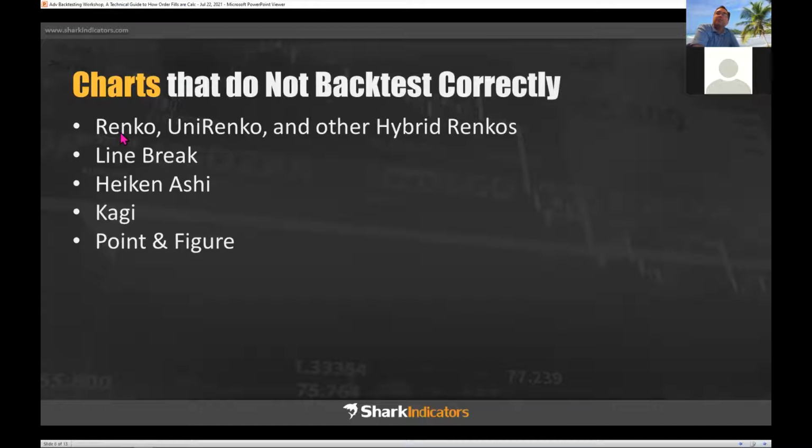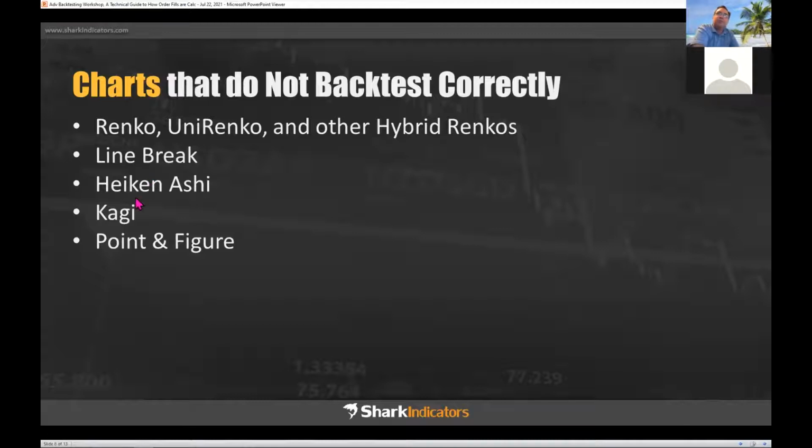Renko charts, Unirenko, or any other kind of hybrid Renko chart do not backtest correctly. We'll go into why that is in just a moment. Line breaks, Heikin-Ashi. Heikin-Ashi is probably the worst one because Heikin-Ashi smooths everything out. Heikin-Ashi can be way off the actual market price.